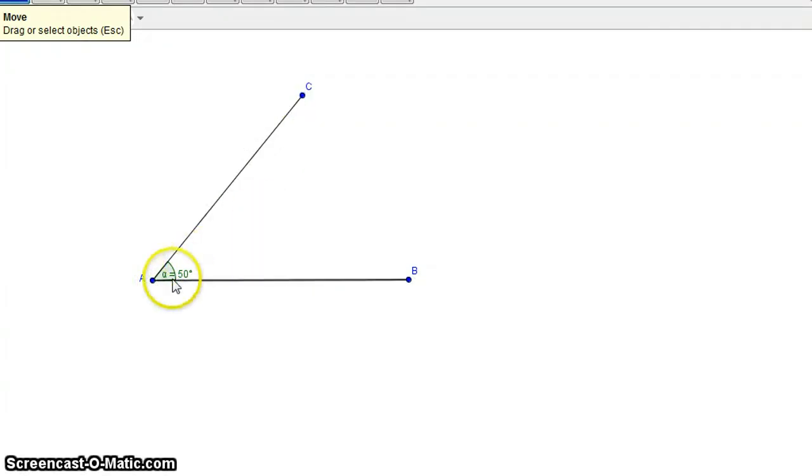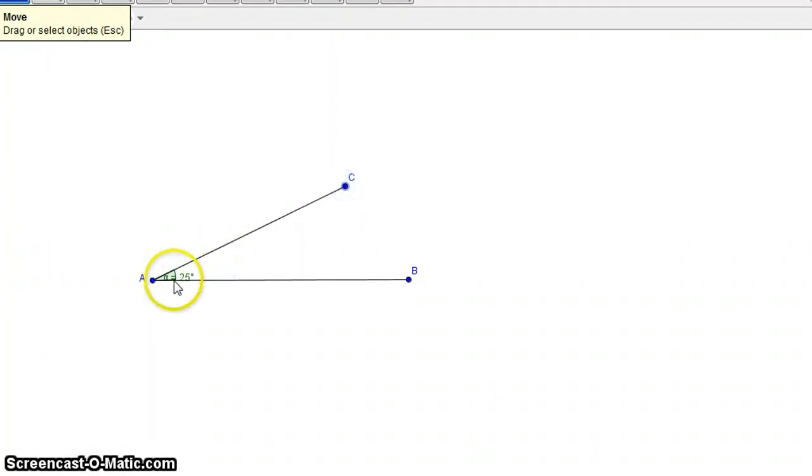Now the angle is the measure of the amount of turn around the vertex. So if I move this arm towards this arm, look what happens. The amount of degrees changes. So you see that it becomes smaller and smaller. It's 25 now.